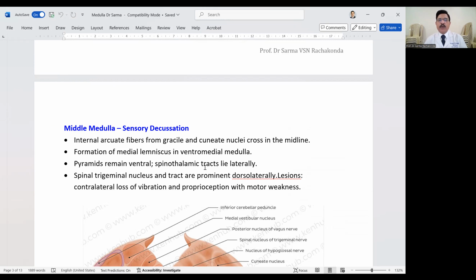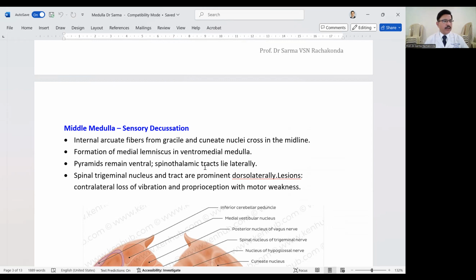They are going to form the medial lemniscus. If they are involved, you will have vibration and proprioception loss contralaterally, and motor also involved. So if you have contralateral vibration and proprioception loss along with motor weakness, it is mostly a medullary syndrome.